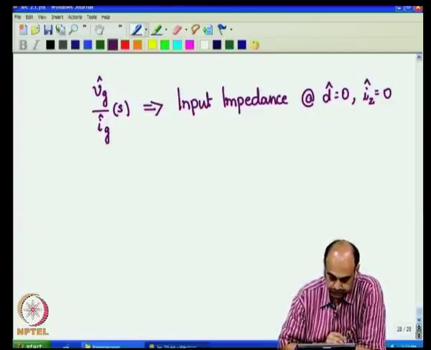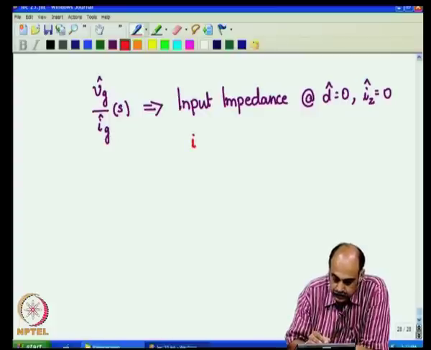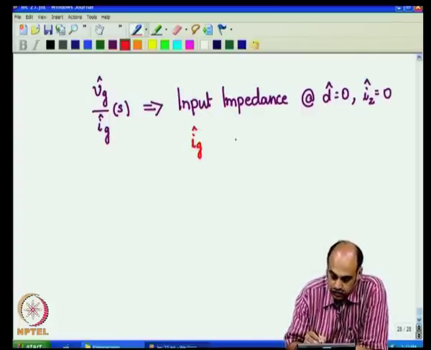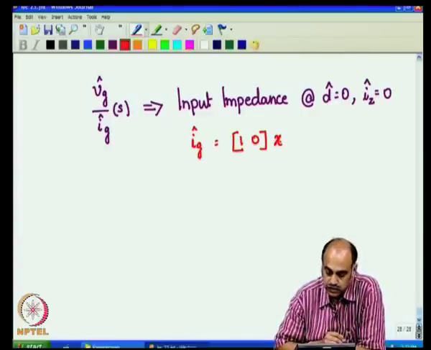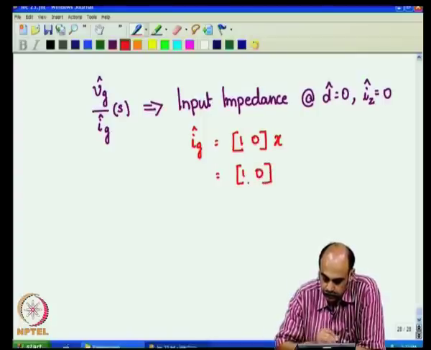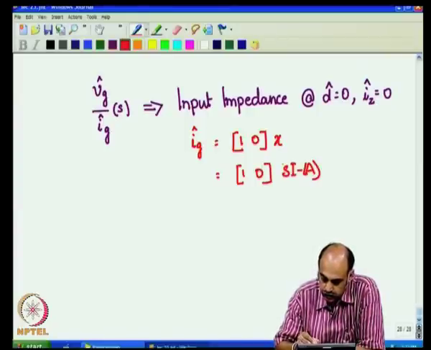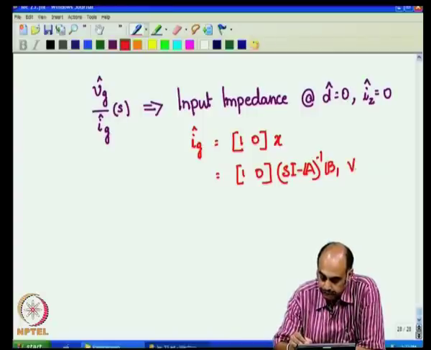How do we obtain this? We know that Ig as an output is given by a C which is 1 0 like this and x, and therefore we can obtain it in this fashion: (sI minus A) inverse and the input B1 for Vg hat.